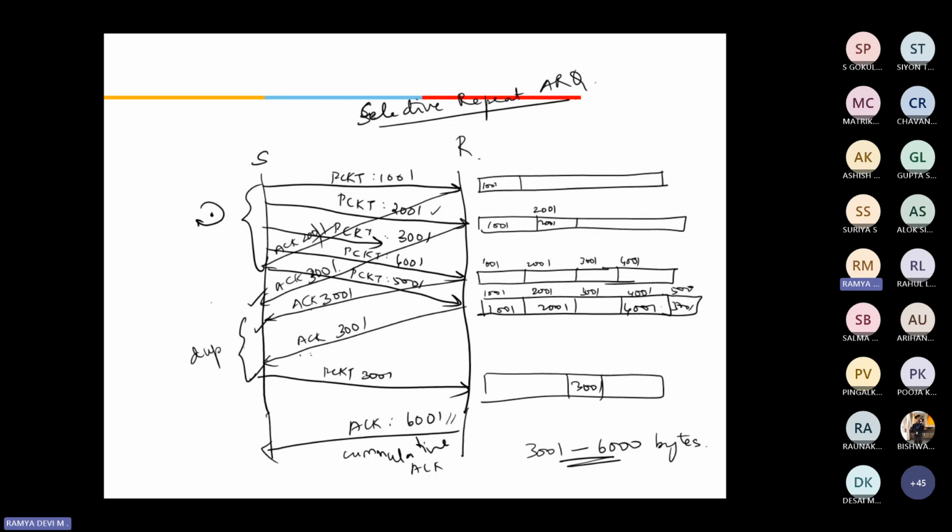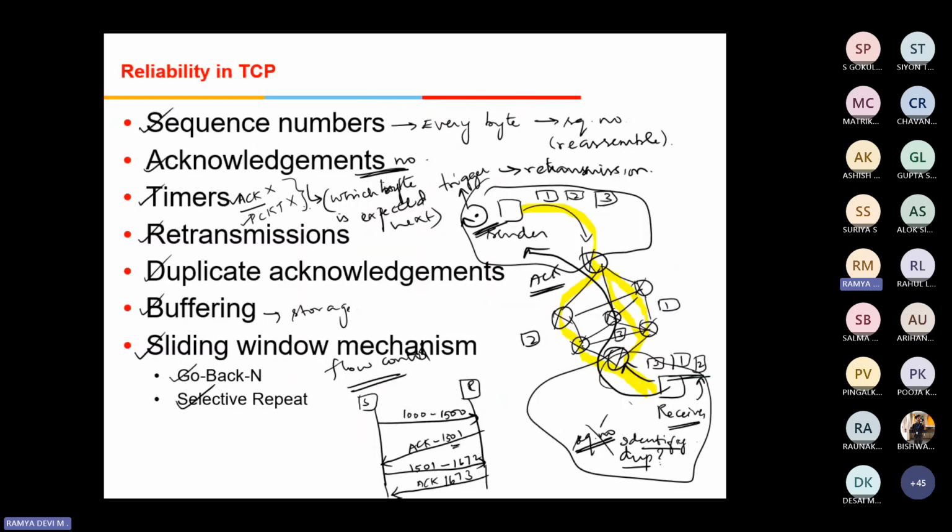So compared to Go-Back-N, selective repeat improves the efficiency. All these mechanisms together make TCP a reliable protocol, ensuring the data reaches the destination without error, accurately, completely, and in order.